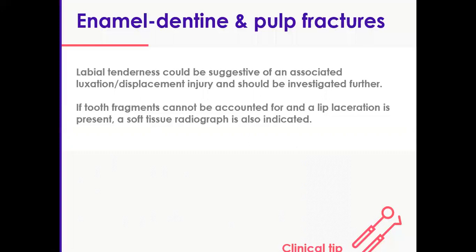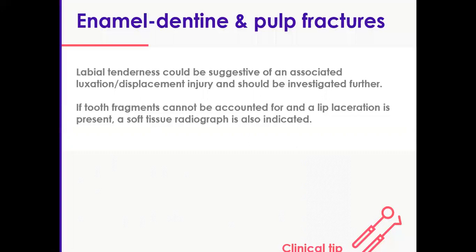Also, you may recall the advice regarding the lost tooth fragments. If you can't find them and have, for example, lip laceration, take a soft tissue, i.e. lip radiograph to see if the broken fragment is dislodged and in the patient's lip.